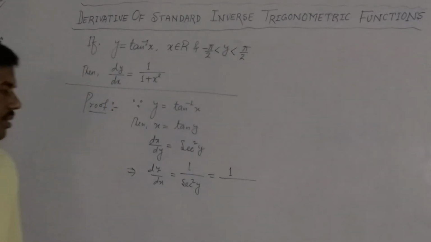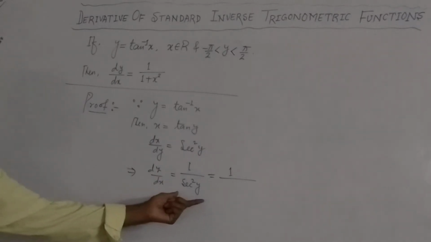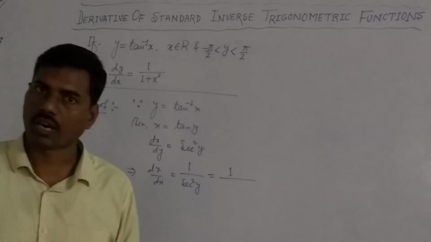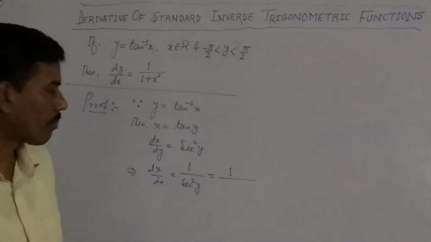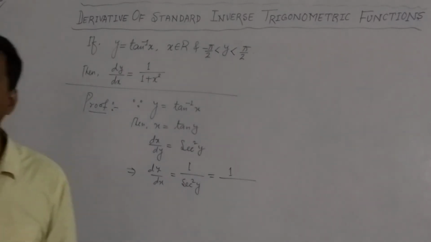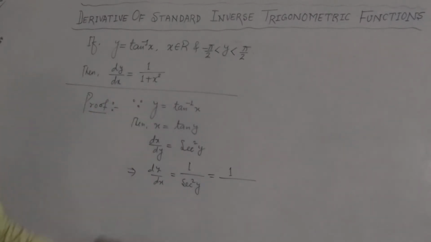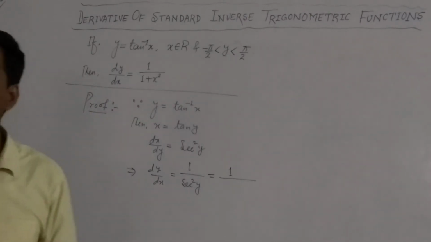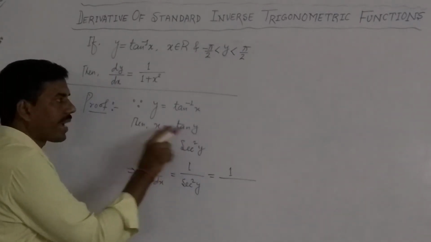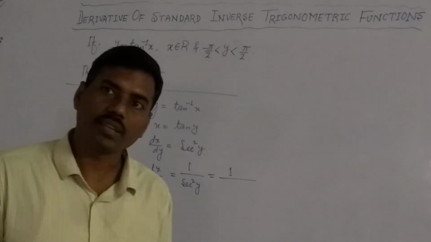Since we have to find the derivative of y with respect to x in the form of x, but we have dy by dx in the form of y. Up to this point, our dy by dx is in the form of y, but the result should be in x. Your result should be in x, because x is related with tan y, not sec y.